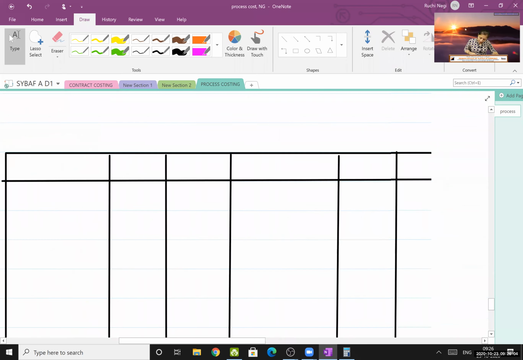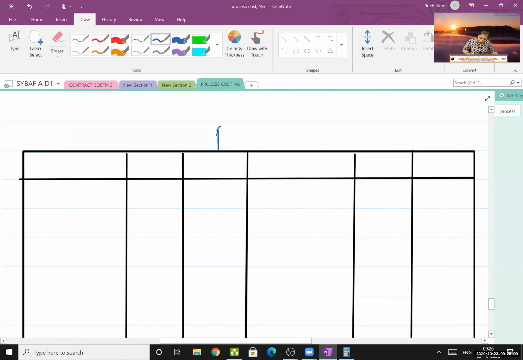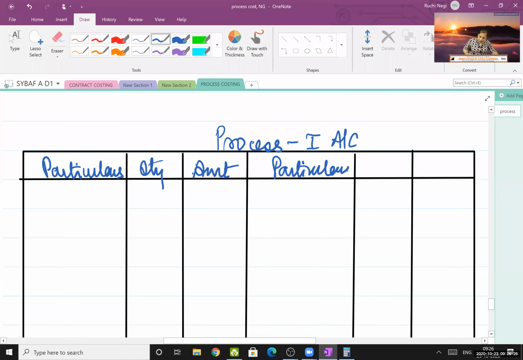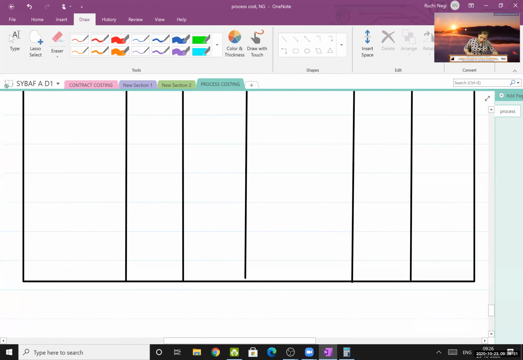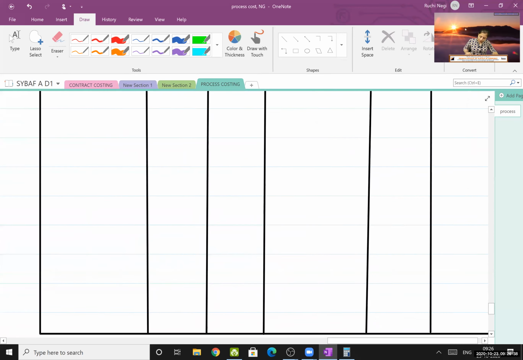I'm just writing the headings for the first ledger only. You should also do the same. No need to write for all. Just give the name, process one account, particulars, quantity, amount. Same. Particulars, quantity, amount. No need to write for them. And next, process two account, and last, process three.